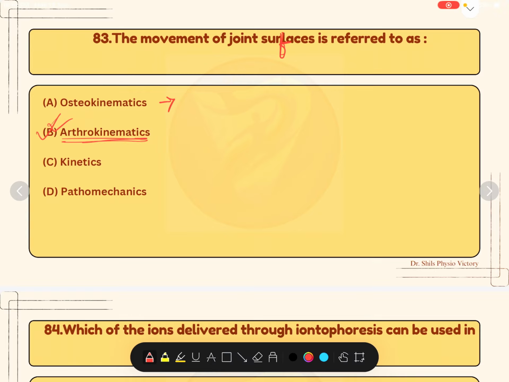Osteokinematics is basically gross bone movement.